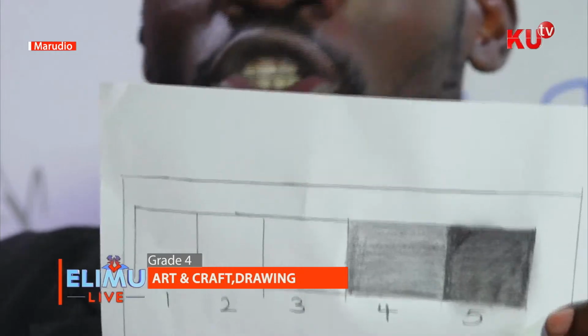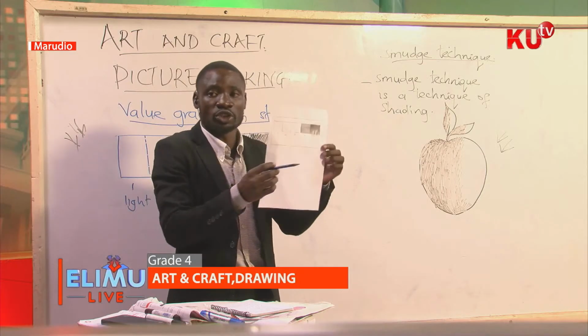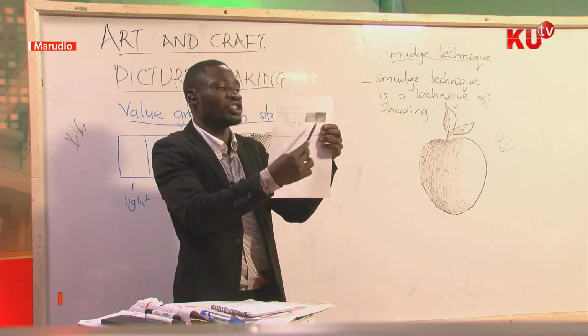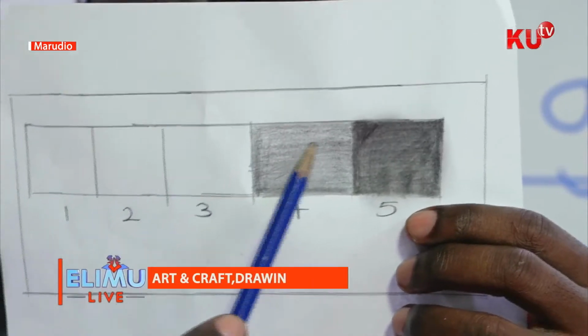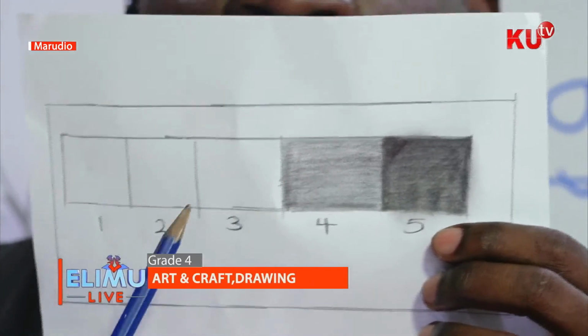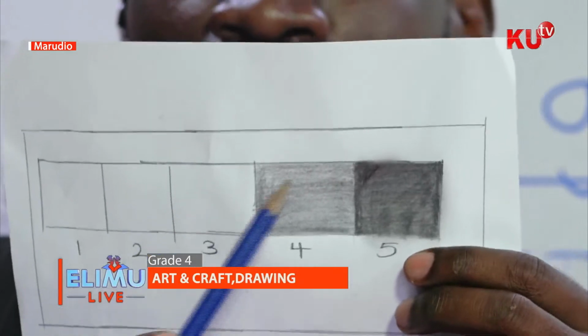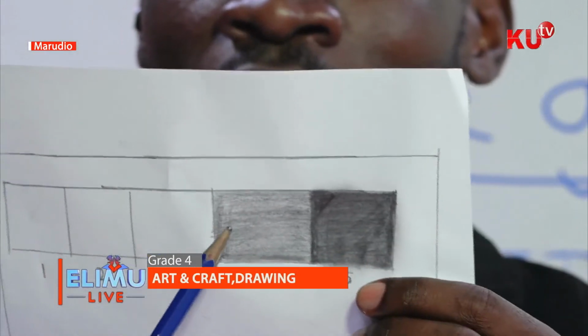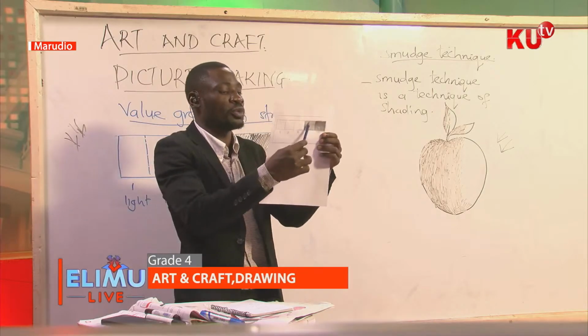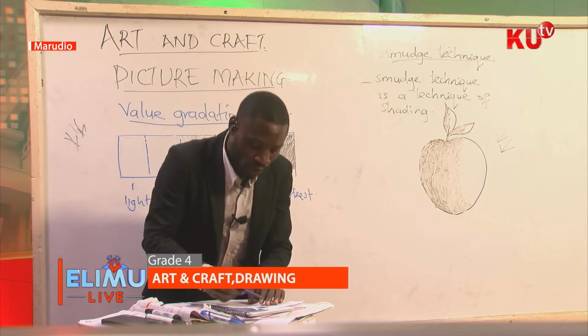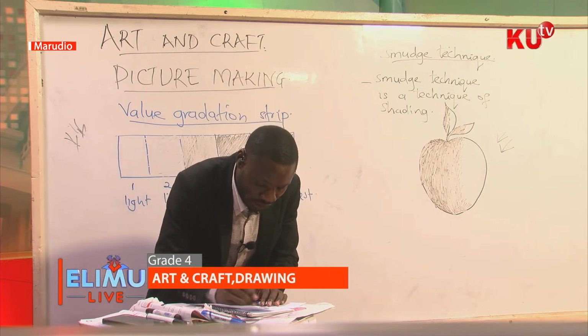So we are going to do more shading, because it is far away from the light, so we will make it a bit darker. So we are shading it.